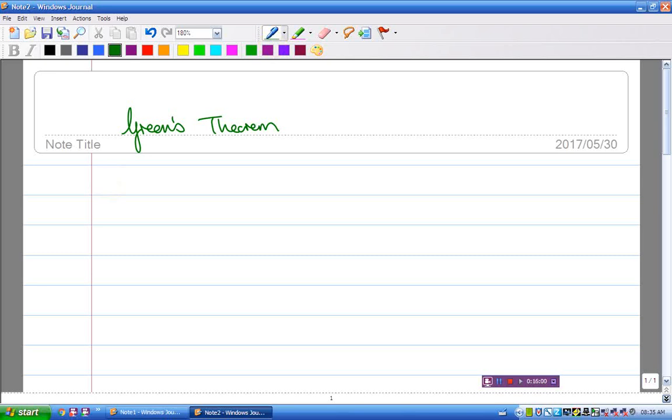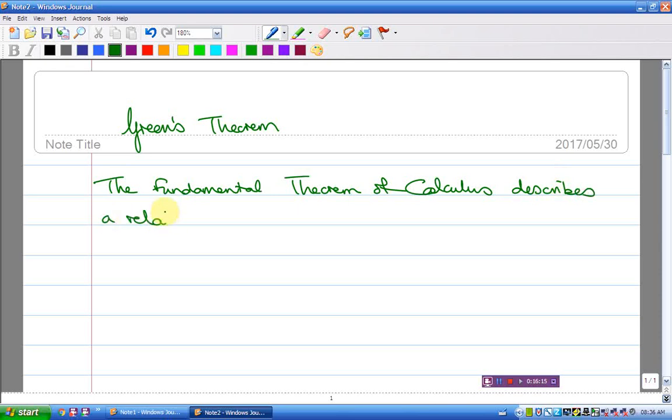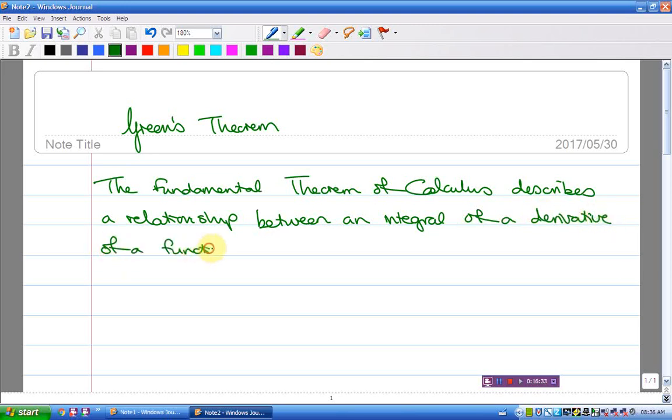Okay, the fundamental theorem of calculus describes a relationship between an integral of a derivative of a function and actual values of that function.